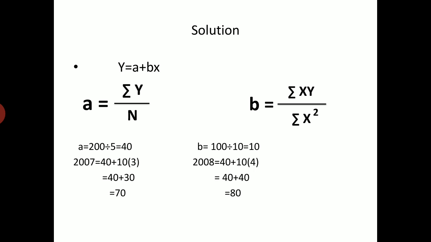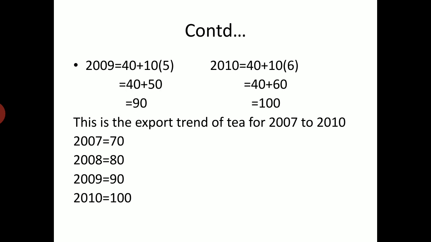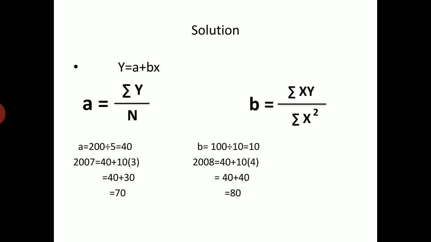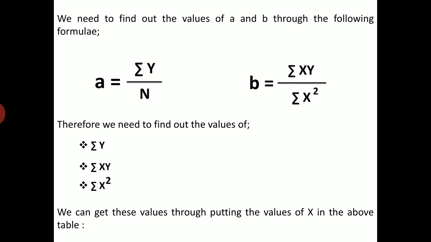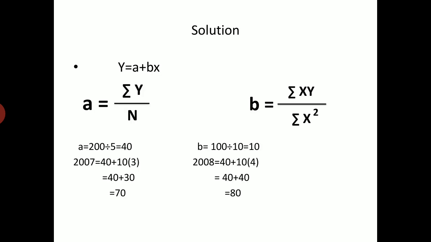Already I solved this problem. A equals 200 divided by 5. In the previous slides, summation y equals 200, the sum of the y values, and 5 is the number of years, so a equals 40.